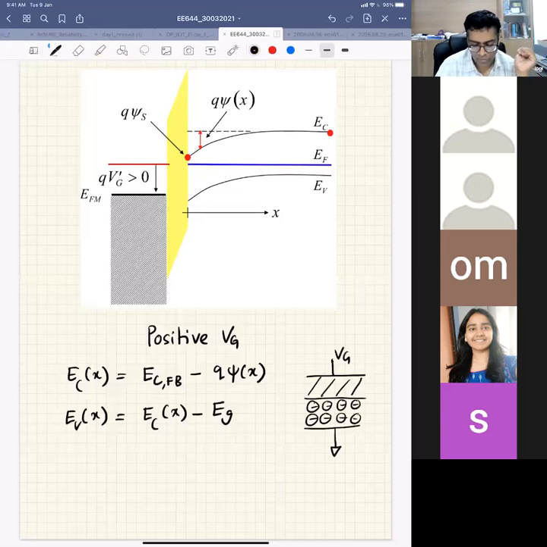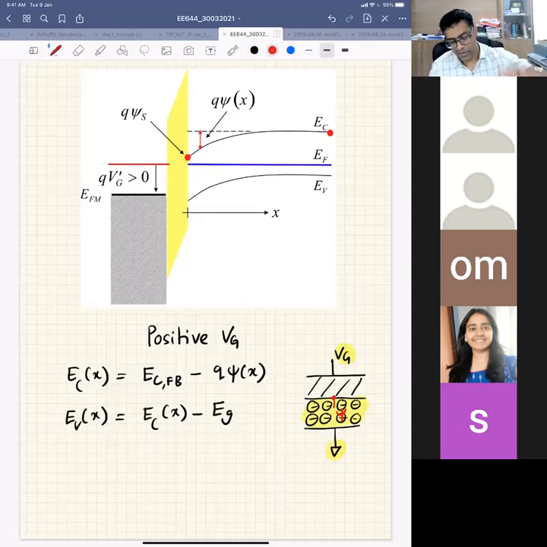So your gate voltage is positive and your body is grounded, and I'll have some potential here because this is where I have charges. This potential is psi, and psi varies from this end to this end, so this is psi x.